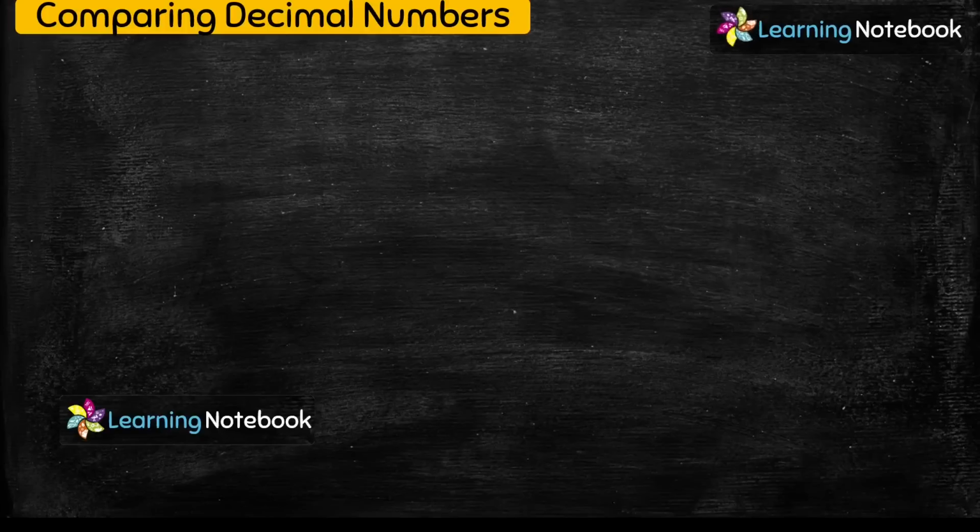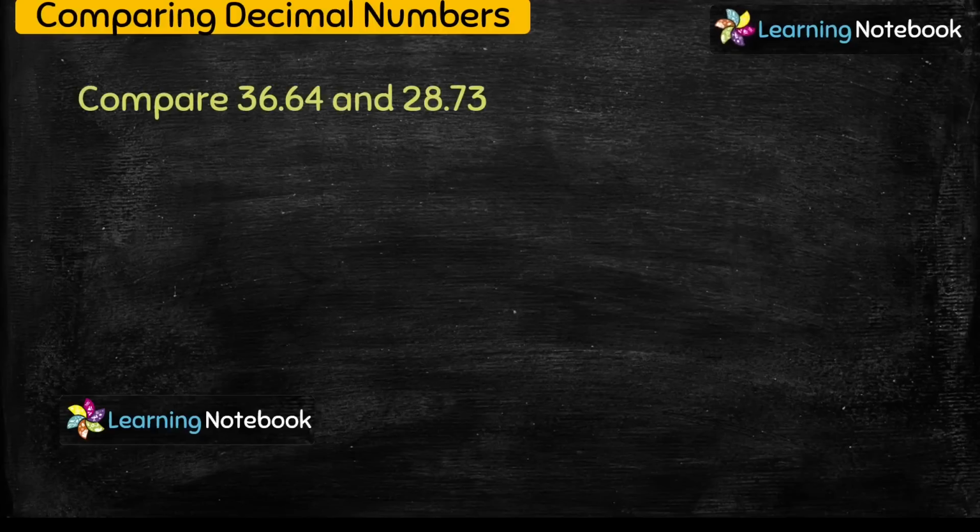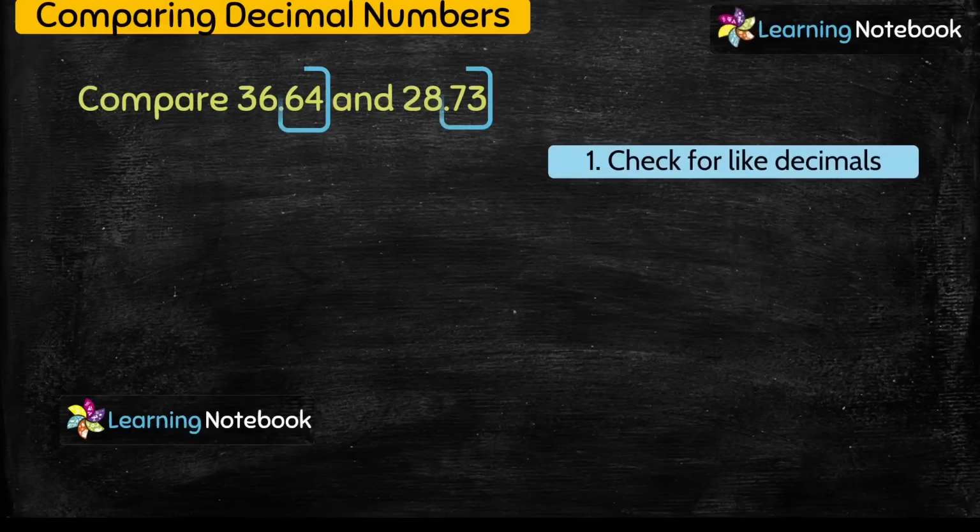So now students, we have learned all the steps. So let's use them to compare decimal numbers. Question is, compare 36.64 and 28.73. So step 1 is, check for like decimals. Both these given decimal numbers have 2 decimal places.